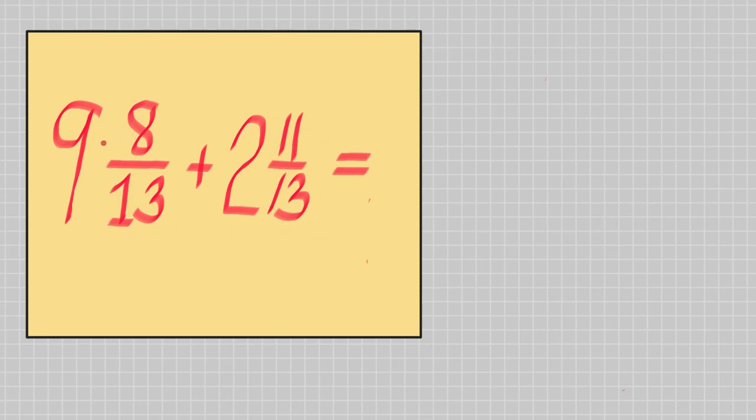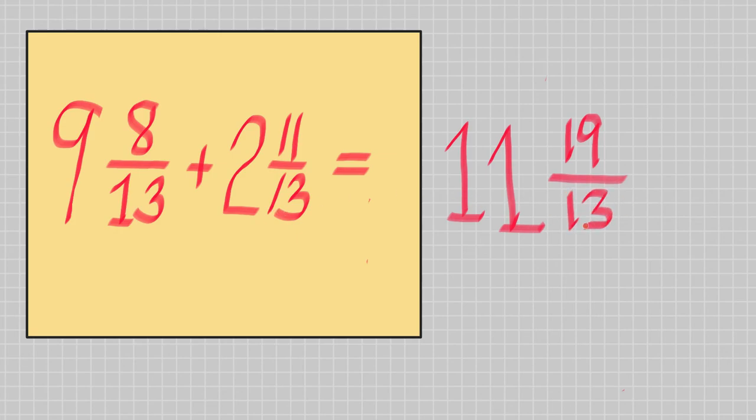So again, all you need to do is to add first the whole numbers. 9 plus 2, the answer is 11. After that, add the numerators, 8 plus 11, and that gives you 19. Simply copy the denominator, which is 13.